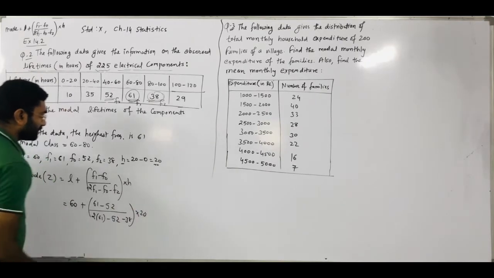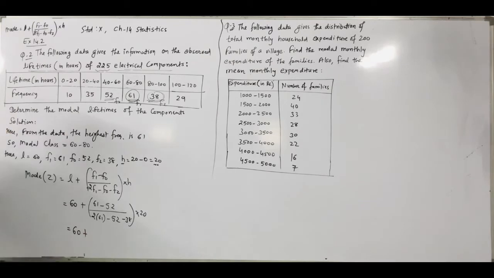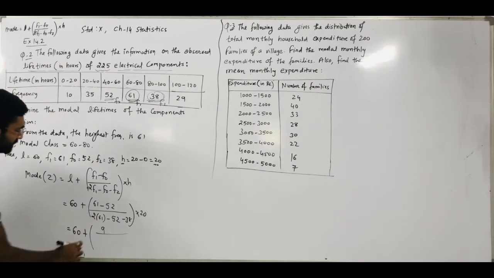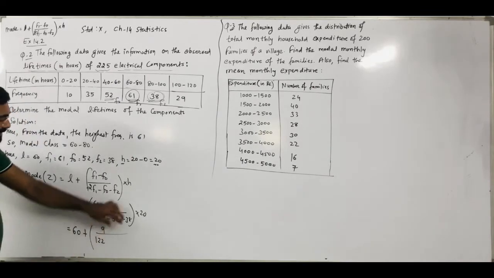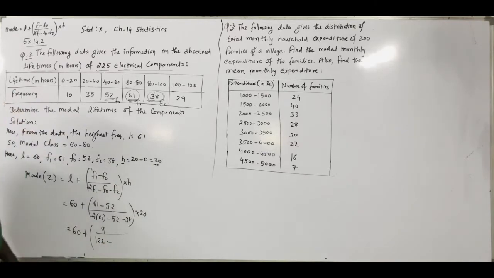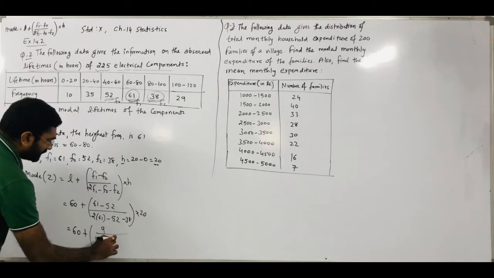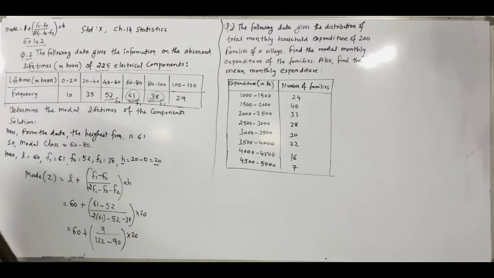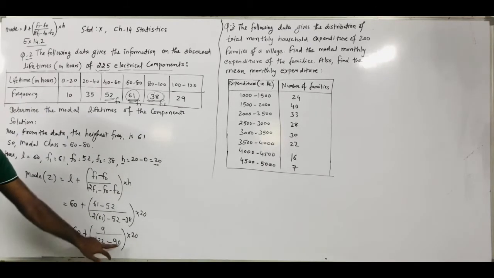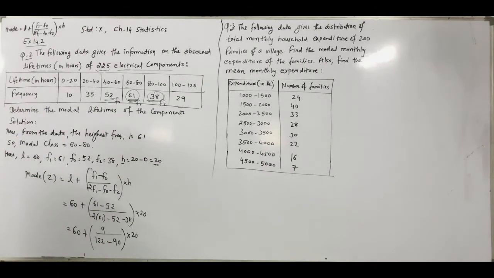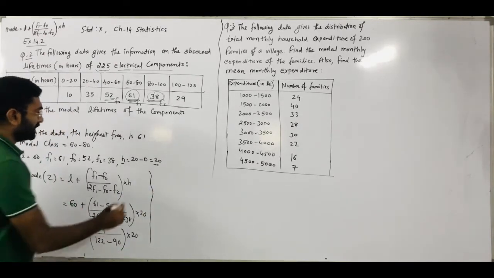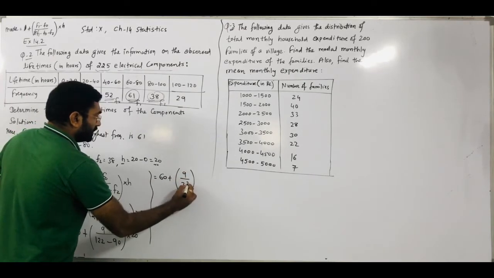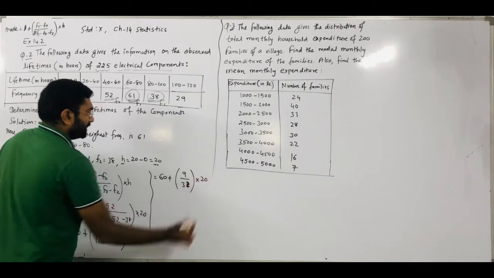Now simplify it. 60 plus 61 minus 52 gives 9, divided by 2 into 61, so 122. These two numbers are negative, so we add them and get 90. Now we do the subtraction: 122 minus 90 gives 32. So the simplification is 60 plus 9 by 32 into 20.